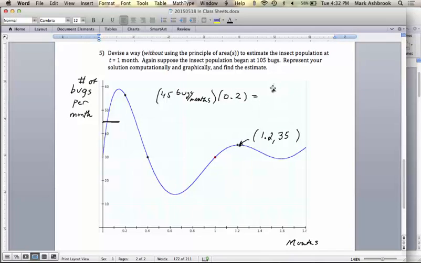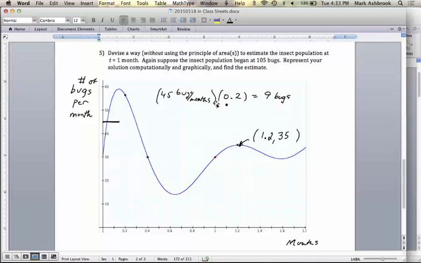And what is that? 9. Exact or estimate, given this changing rate function? That's an estimate of how many bugs in the first 0.2 months.